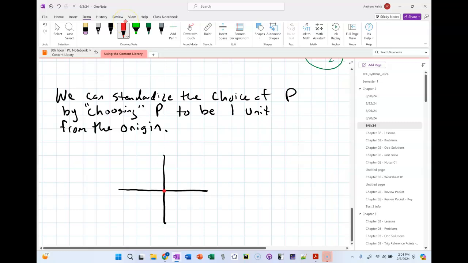So we have any angle possible, right? We're going to pick P so that it's 1 unit from the origin on every single one of those angles and plot every single one of those P's. And we get a circle.